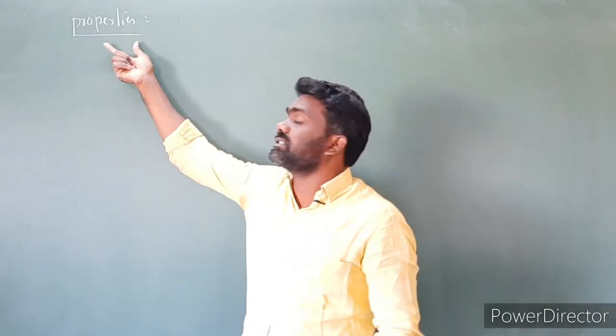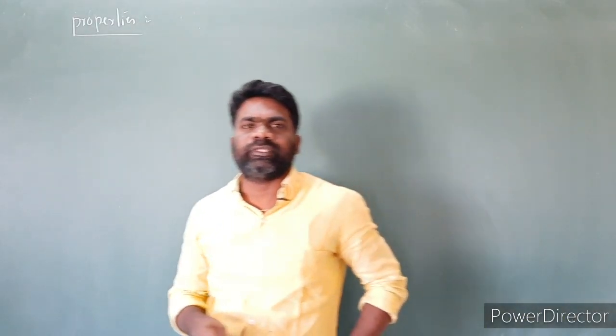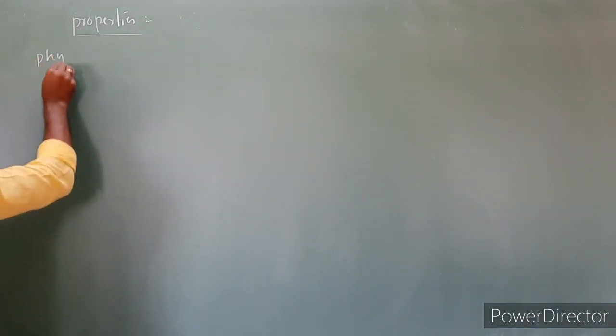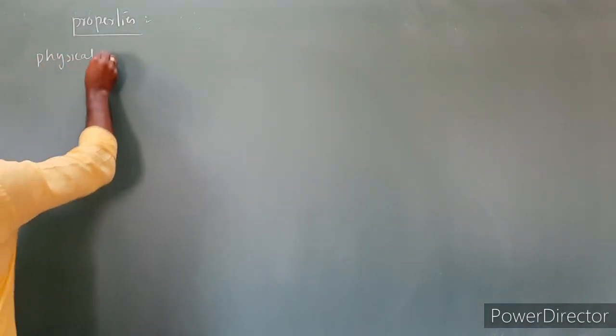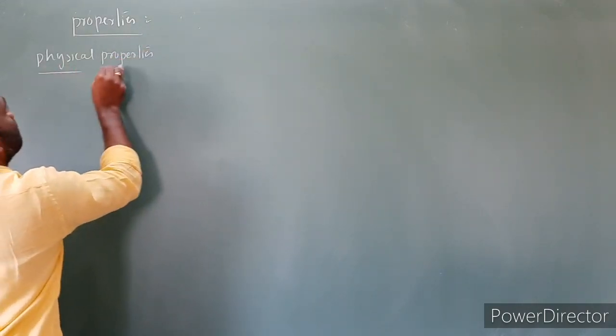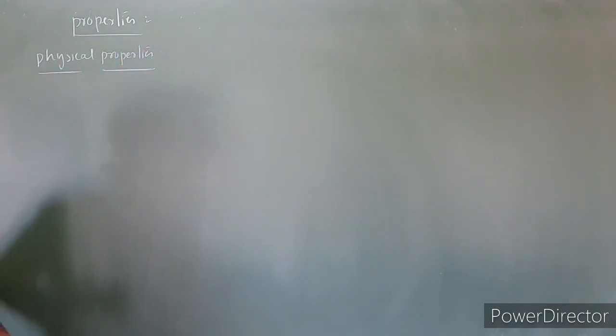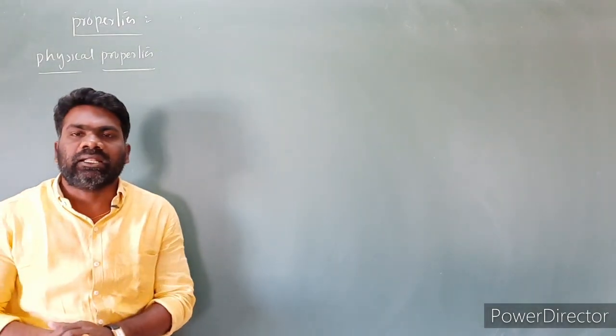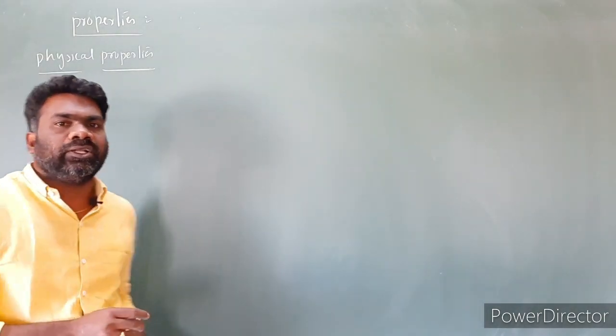Next, properties of ammonia. First one is the physical properties of ammonia. In that, first point, ammonia is a colorless gas with pungent odor.